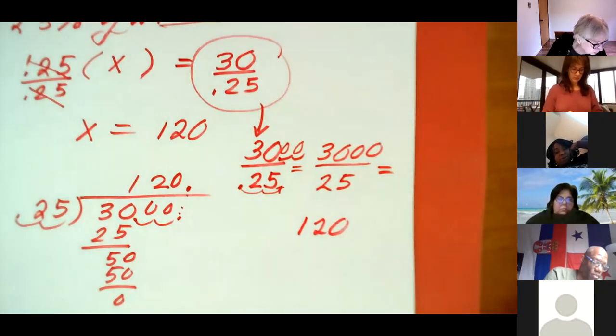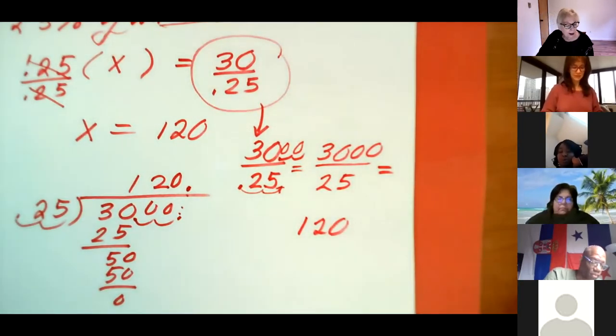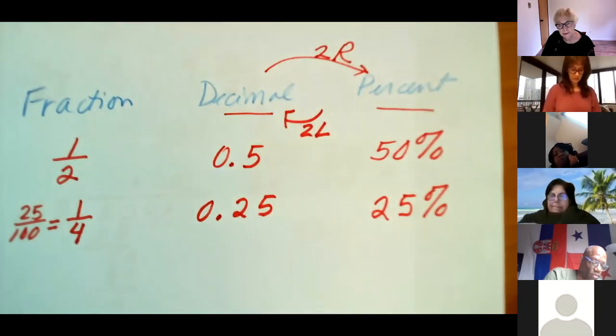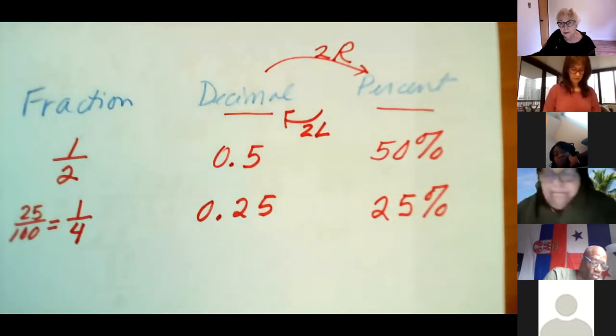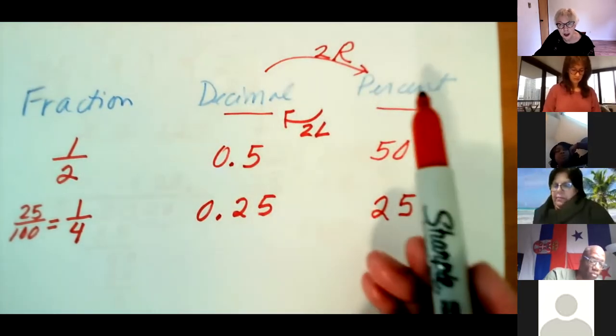So what do you think? You think you can do some of these? How's our time? Sure. Yeah, honestly, when you get all snarled up and you're not sure, decimal to percent is always a 2 decimal point shift.